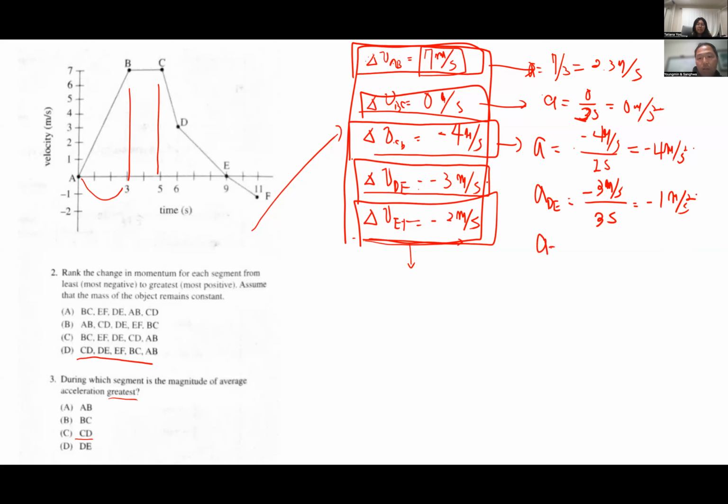And acceleration along EF is minus 2 meters per second over 2 seconds, so that is minus 1 meters per second squared. So from that, the greatest acceleration is in CD. So that is C.